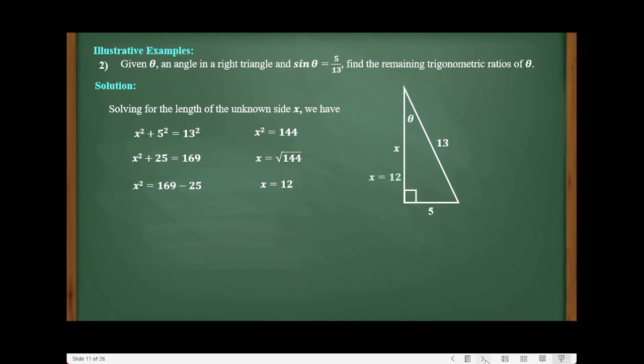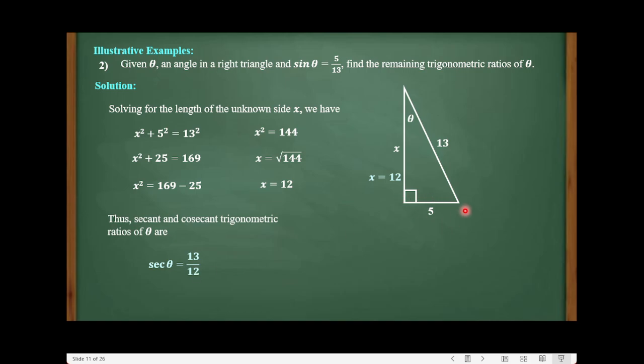And with that, all the sides of this triangle are known, and we can now define the secant and cosecant of theta. And these are, secant theta, which we know as the ratio of the hypotenuse over the adjacent leg.